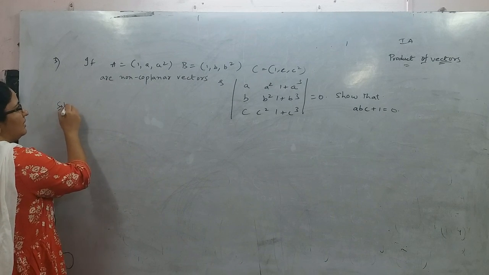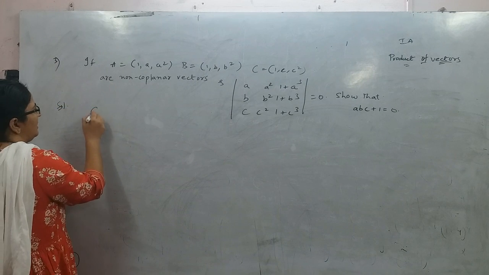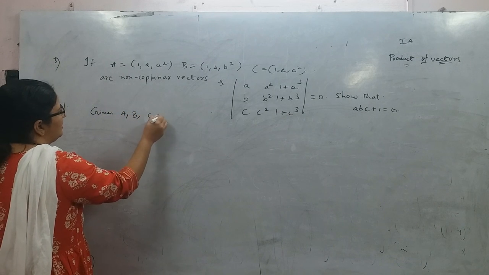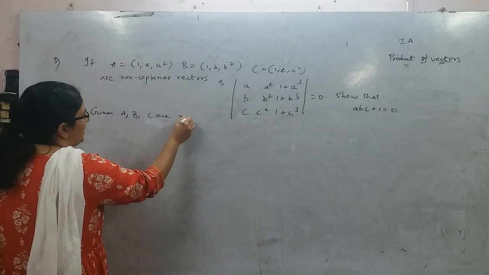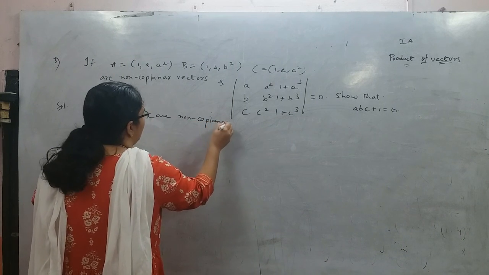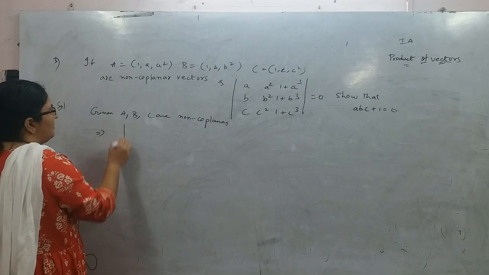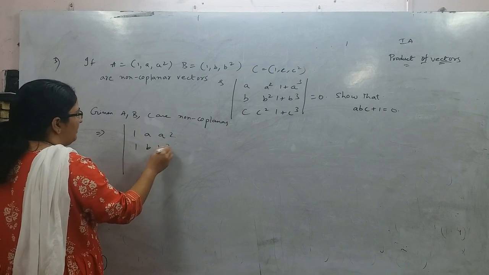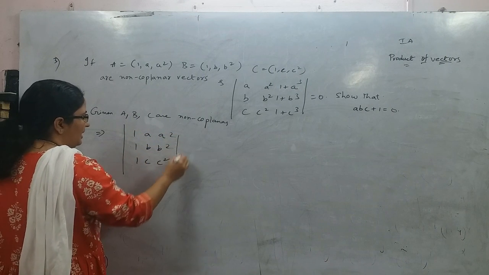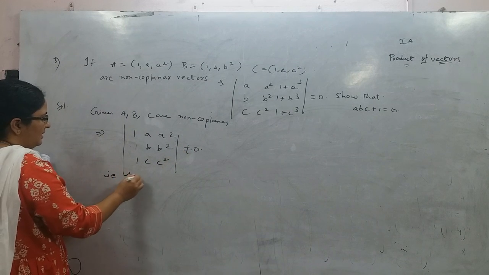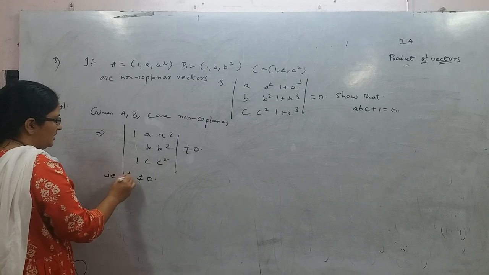Solution: given A, B, C are non-coplanar, this implies the determinant of rows (1, a, a square), (1, b, b square), (1, c, c square) is not equal to 0. That is, delta is not equal to 0.